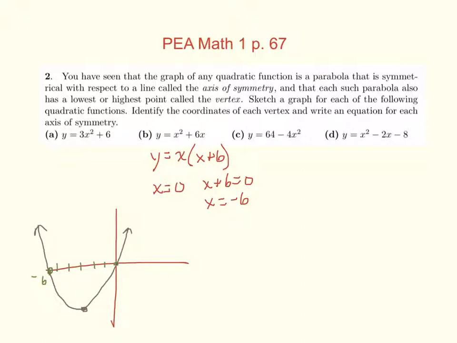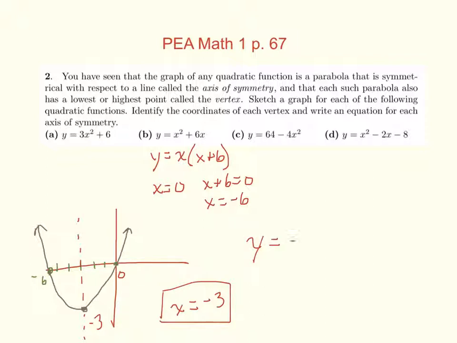So the way I look at it is the axis of symmetry, I should say, would go right through the middle here. And what's in the middle of 0 and -6? -3. So x equals -3 would be your axis of symmetry. And I substitute that into my equation.